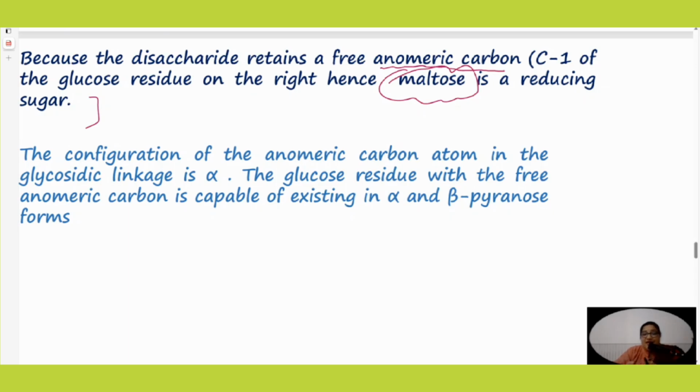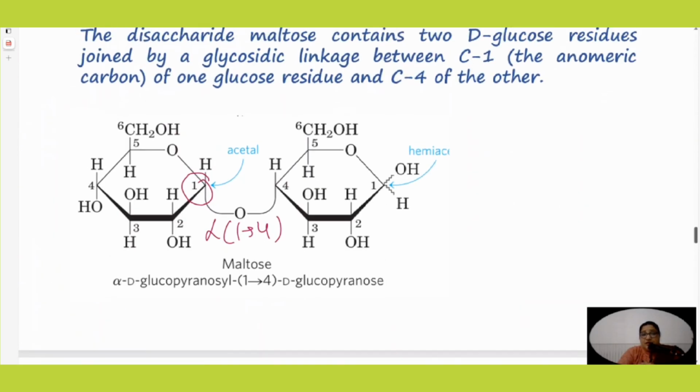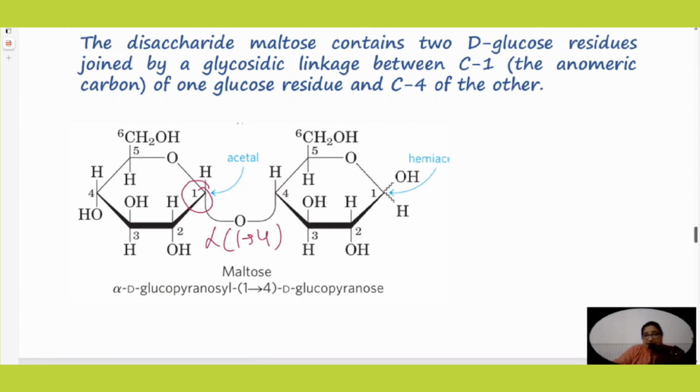Here we can see that maltose contains a free aldehydic group, hence it is a reducing sugar.